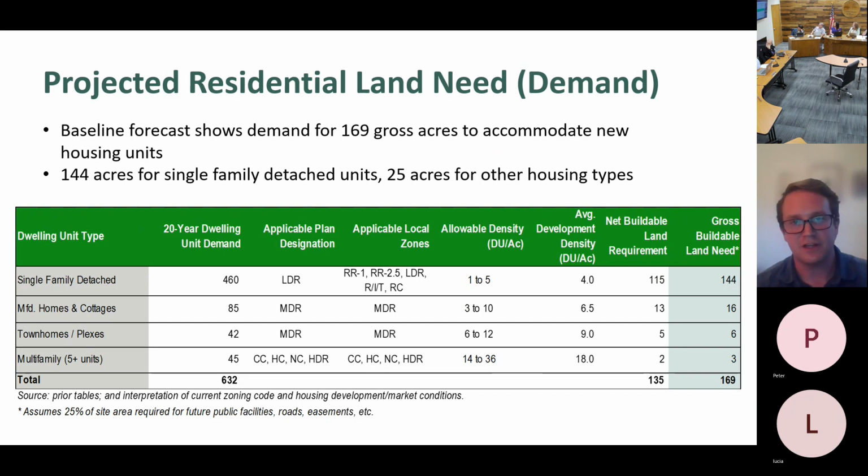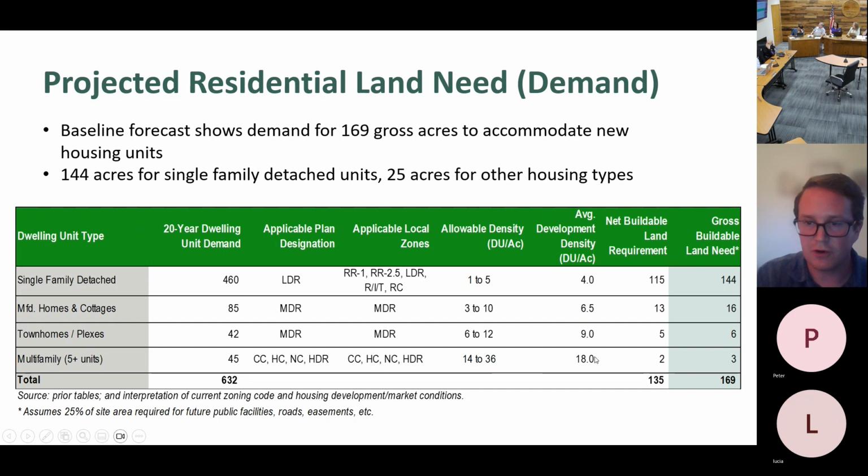Finally, we take an average development density in the next column. So we expect about 4 units per acre for single family detached, 6.5 for manufactured homes, 9 units per acre for townhomes and plexes, and 18 units per acre for multifamily.